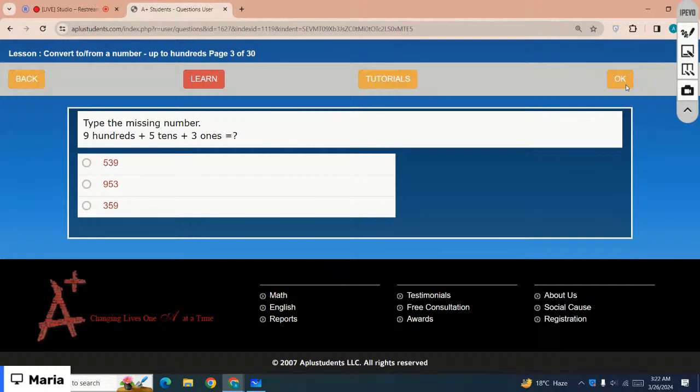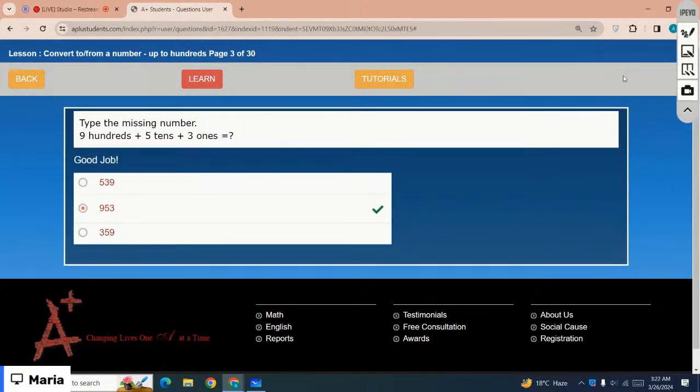Yes, the correct option is the second one. Together they make 953. Option number 2 is the correct option.